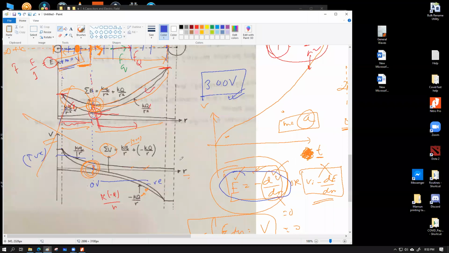Because if this has to be derived, this is the logic that you need to fulfill. This logic works like this: the gradient of the VR graph where this part becomes zero, that's where E can be zero. First of all, E is not zero in this graph at all. So it's not supposed to be applicable.